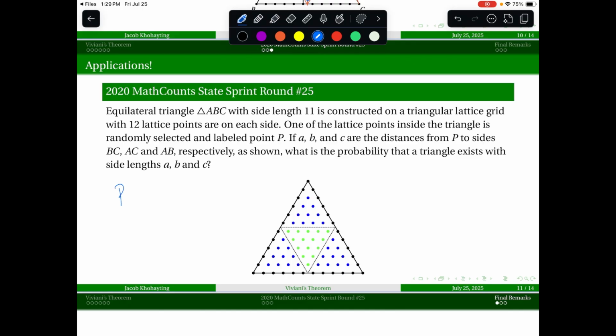We want to find the probability that P is green. Actually, that was kind of wrong before. The probability that P is green is equivalent to the number of green points over the number of total points.